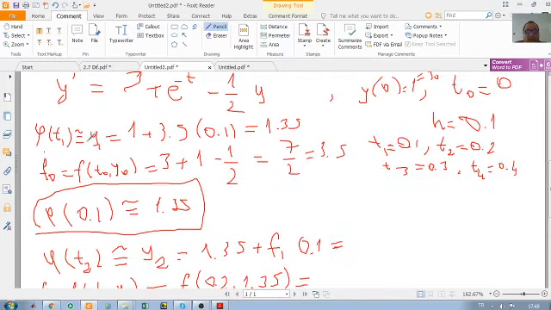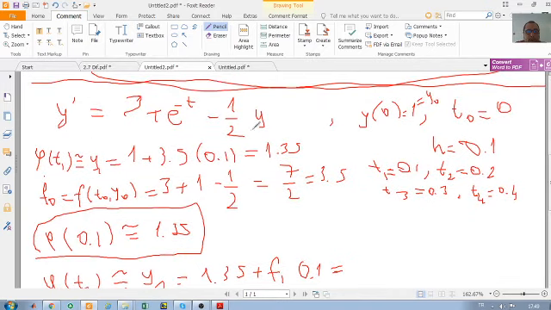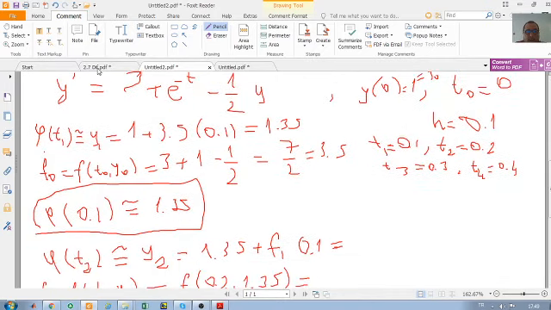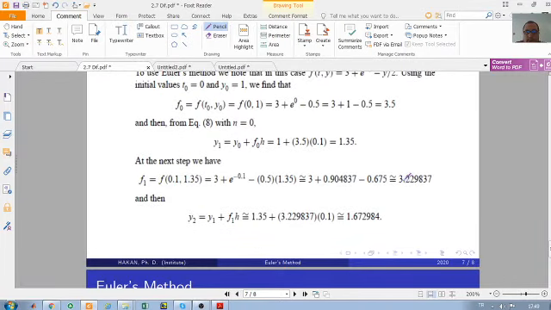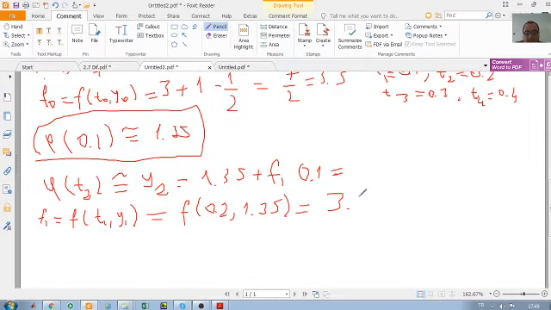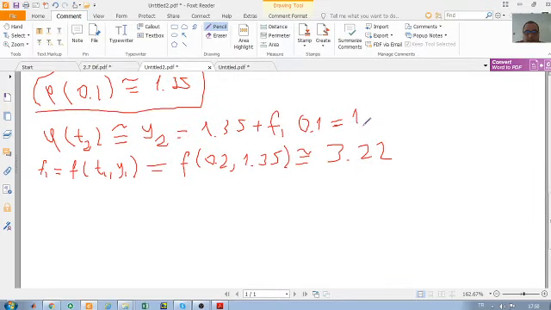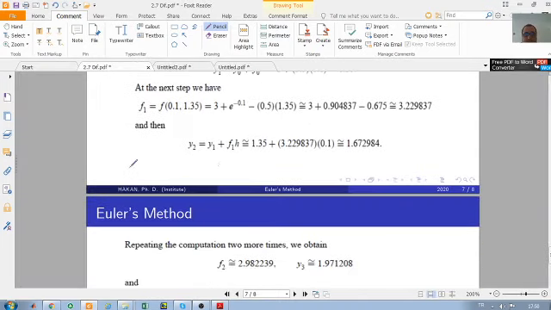Writing these numbers in the right side of the differential equation, we obtain approximately 3.32. So we have 1.35 plus 3.32 times 0.1, which is equal to 1.67, approximately.